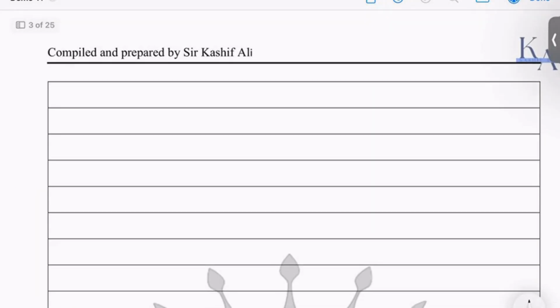Like when we talk about the information, so information is the data that has been processed and given a meaning.